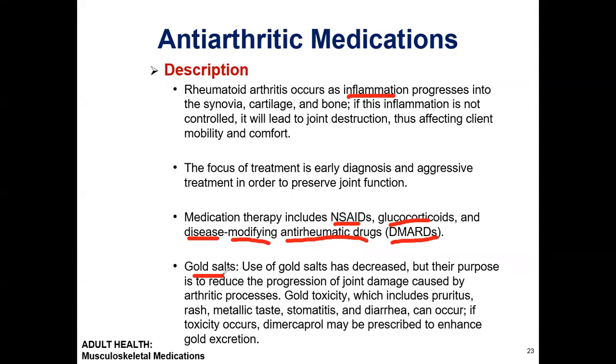Which includes itching or pruritus, which can cause skin rash, or metallic taste, stomatitis, or diarrhea if toxicity occurs. We use an antidote. Let's ask the question from here. What is the antidote for gold salt? It is dimercaprol. So the antidote for gold toxicity.